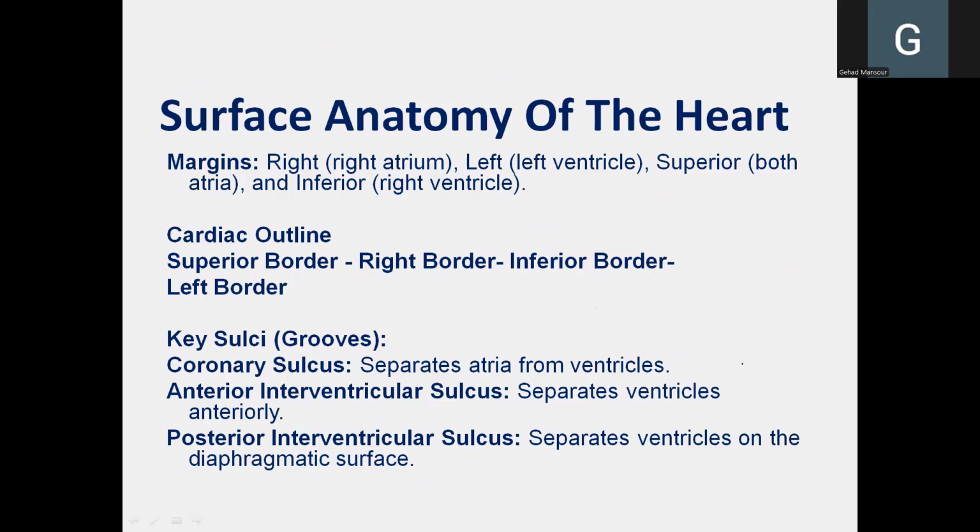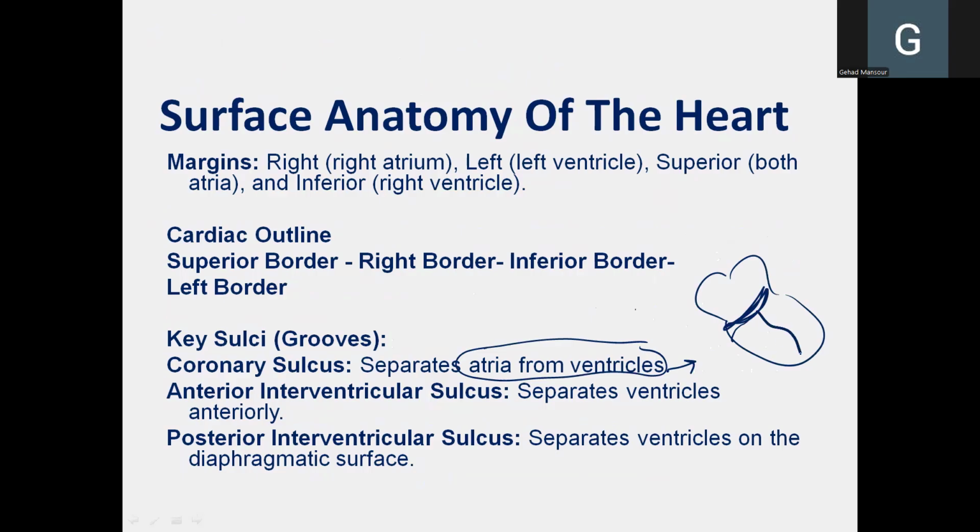Concerning the borders and the margins of the heart, we have talked about the coronary sulcus, the horizontal coronary sulcus that separates the atria from the ventricles. So this is the function of that coronary sulcus, and you have to know the arteries that circulate in it.